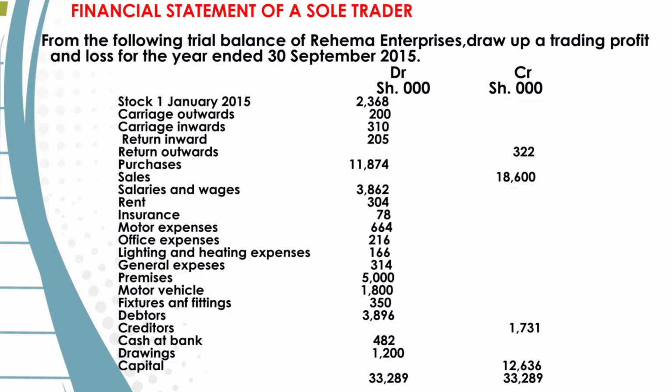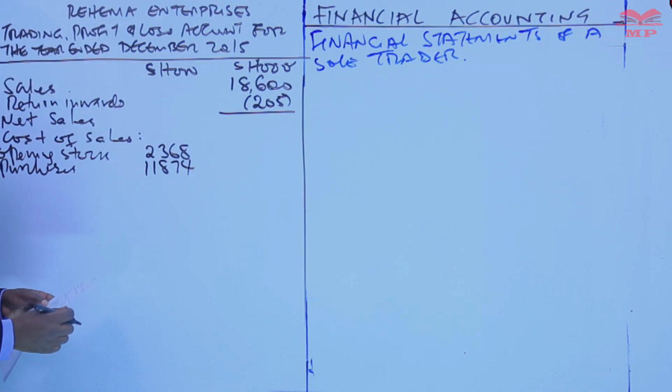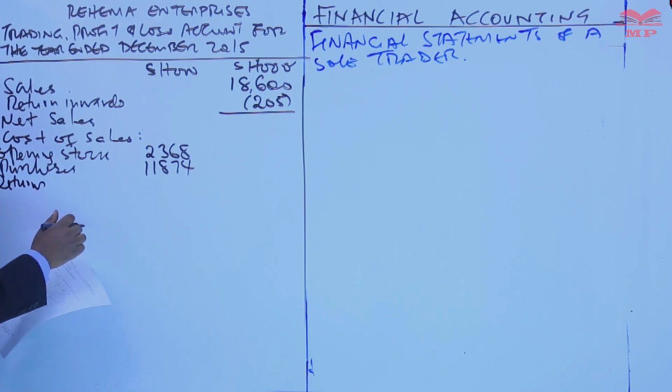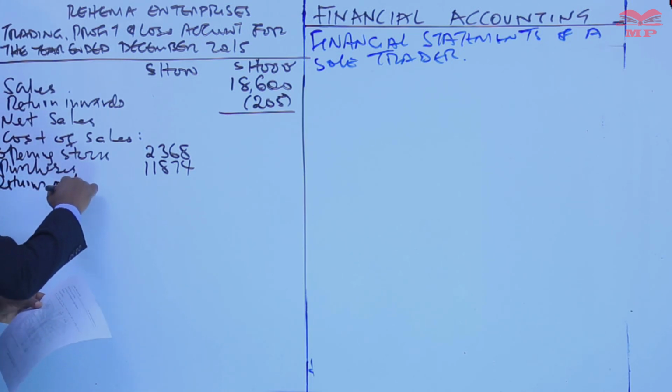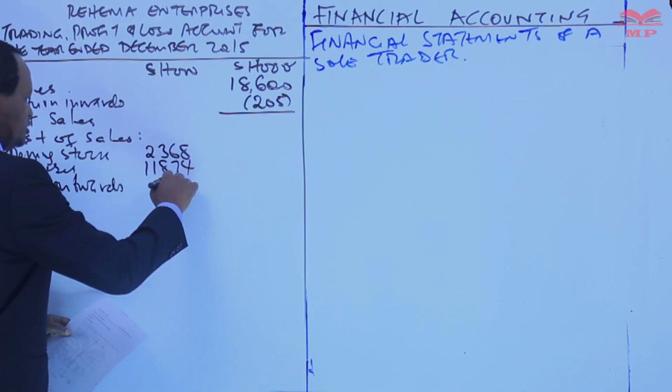Purchases 11,874. Do we have returns outwards? Yes, returns outwards, also known as purchases returns. Return outwards will always appear on the credit side. 322 we deduct.